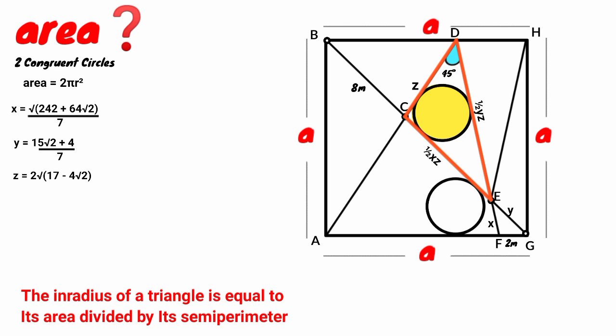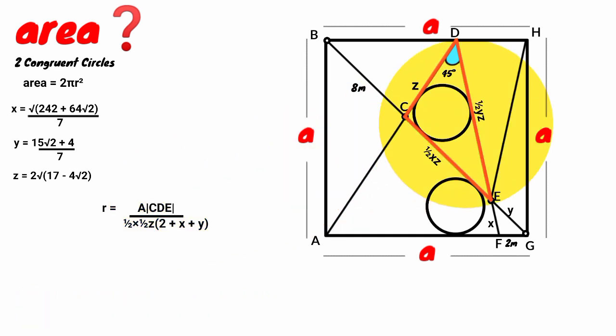So we can say R equal to area of triangle CDE over 1 over 2 into z plus 1 over 2xc plus 1 over 2yz. This z can be written as 1 over 2z times 2. From here, we can factor out 1 over 2z. So R equal to area of triangle CDE over 1 over 2 times 1 over 2z into bracket 2 plus x plus y.